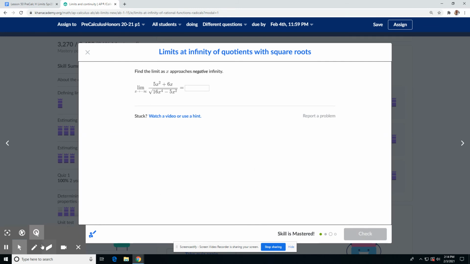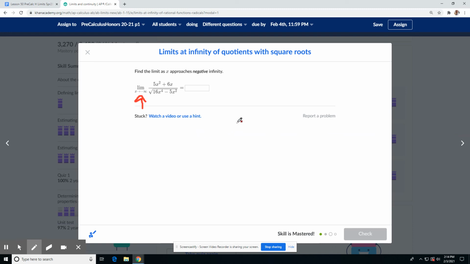All right, so let's see how my logic does on this one. Negative infinity again. Let's see how we do. All right, feel free to pause it, see if you have a shot. Also, for me, leading coefficient or term, 5x squared over square root. As we go to negative infinity, the biggest one's going to take over, x to the fourth.